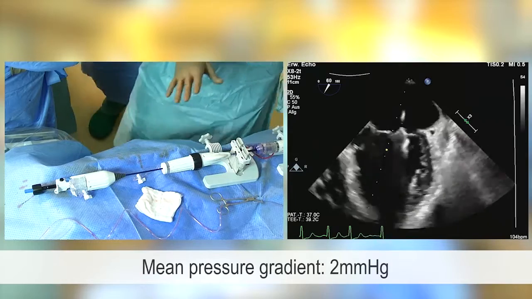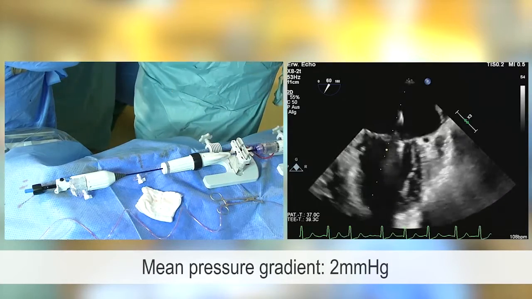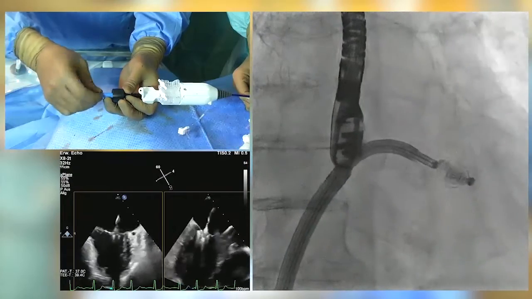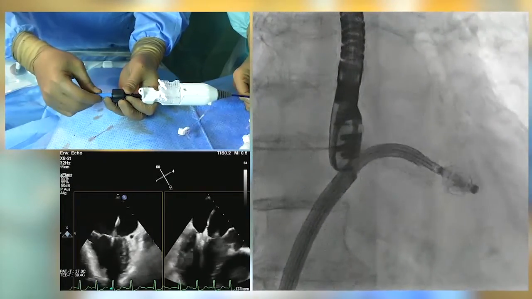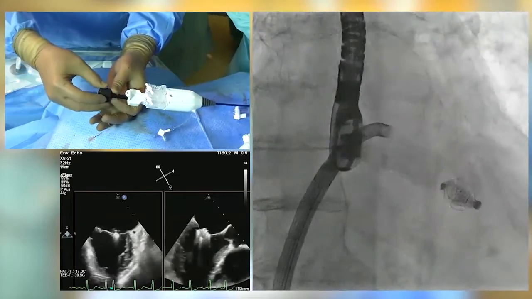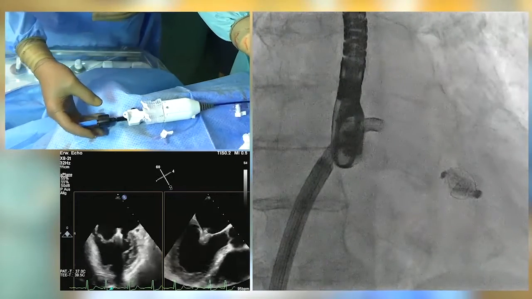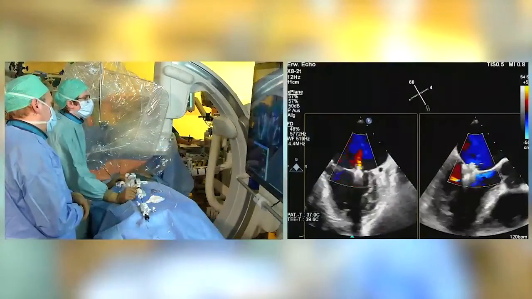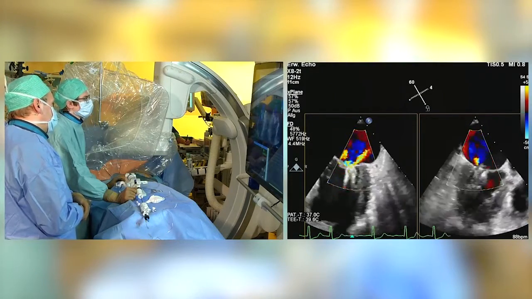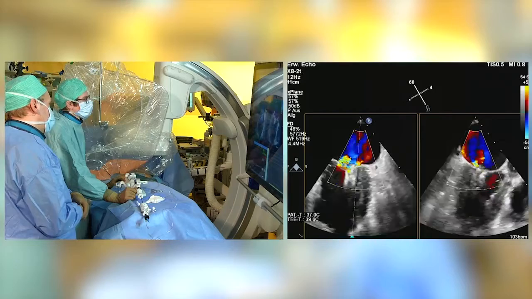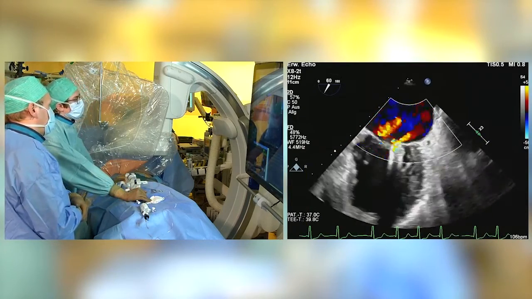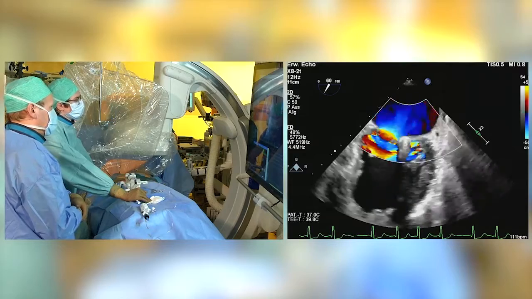To be honest, we might have expected a little bit more even here because the valve is not particularly large, but with a gradient of 2 millimeters of mercury, we felt comfortable that we should leave the device where it is, release it, because there was good MR reduction, and then as a next step, try to implant a second device, going into that still present medial MR jet. Lateral, only a small jet, but certainly a good reduction in this position.